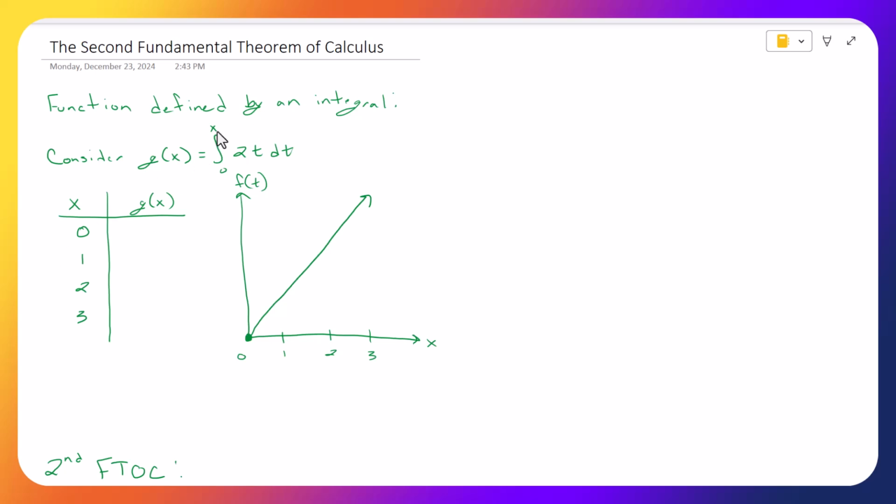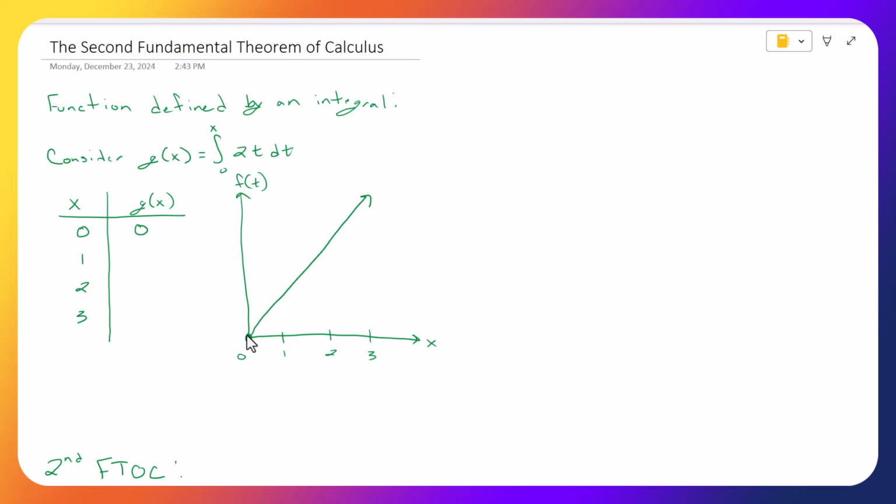So let's substitute in when x is 0. What is the area under the curve right here? Well, this is not really any shape. It should be pretty clear that this area is going to be 0. When we're going from 0 to 0, there is no area under the curve.